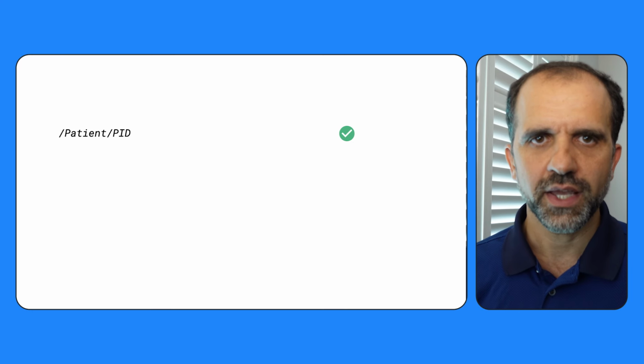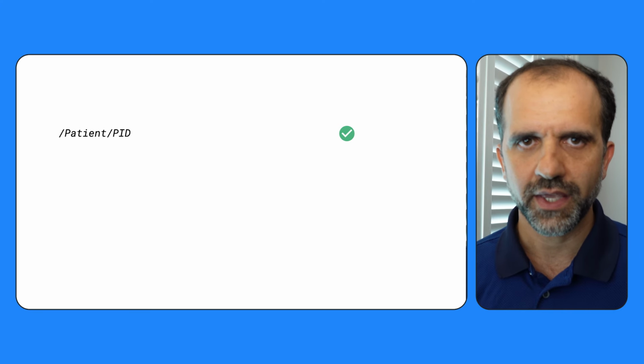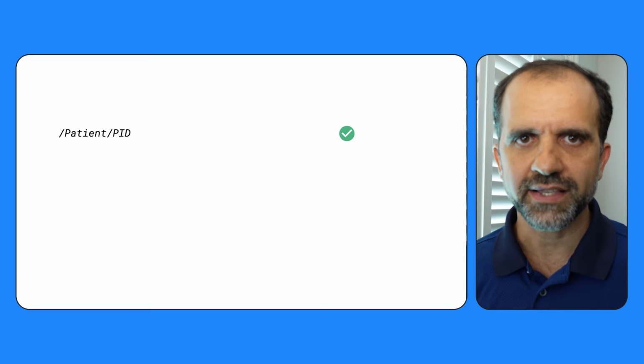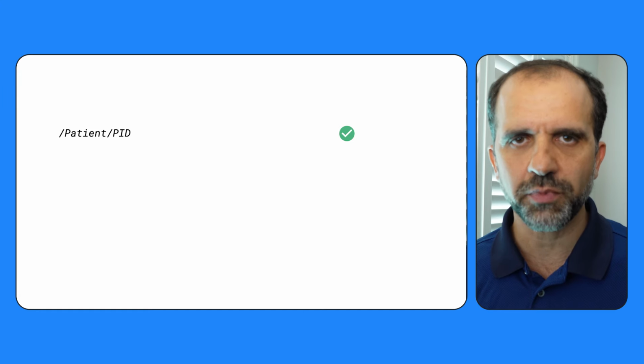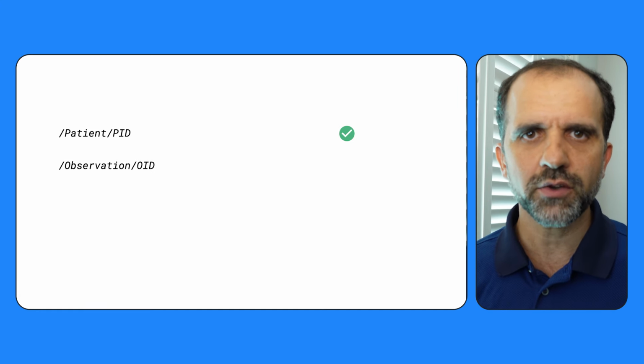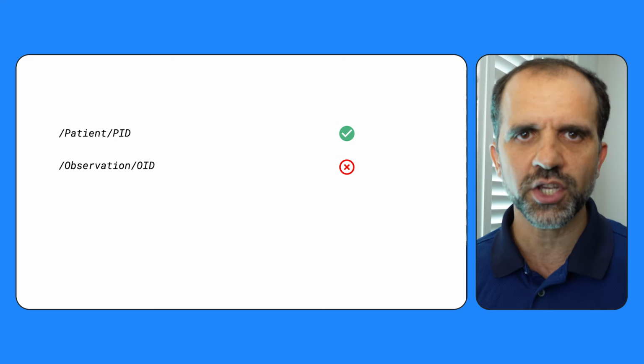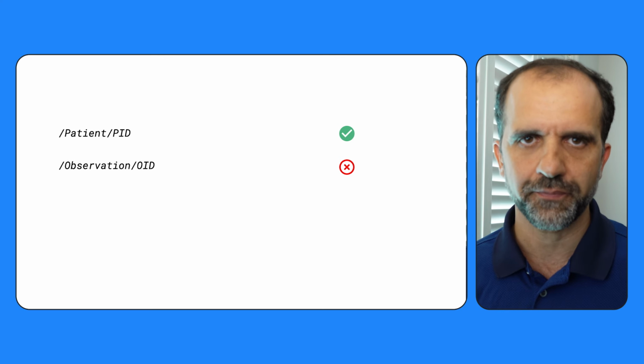Implementing the Info Gateway as a facade around the FHIR server brings its own limitations as well. For example, let's assume that the user has access to the patient with ID PID. Then obviously, access to the FHIR resource /Patient/PID should be granted. But what about a /Observation/OID query? How can we tell whether this observation belongs to patient PID?